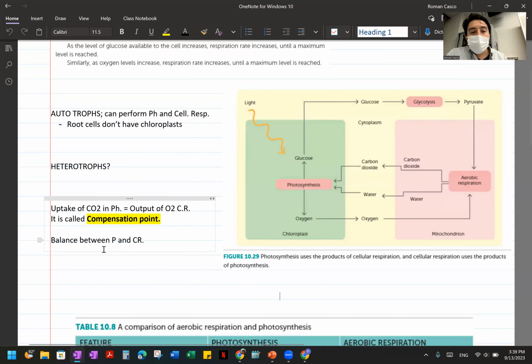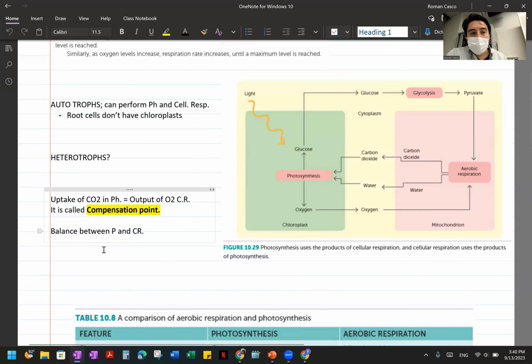Okay, and there is a particular balance in terms of the amount, right? Whenever you have the uptake in photosynthesis, and these are generally for autotrophs, that rate of uptake of carbon dioxide for photosynthesis, whenever you have that same rate as the output of oxygen, basically these two are hand in hand, right?